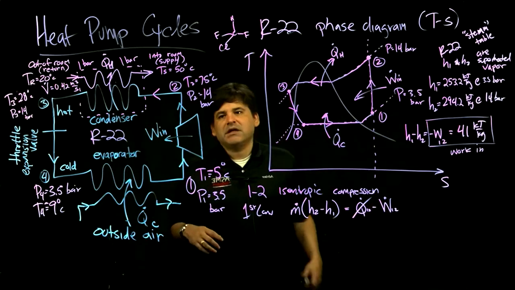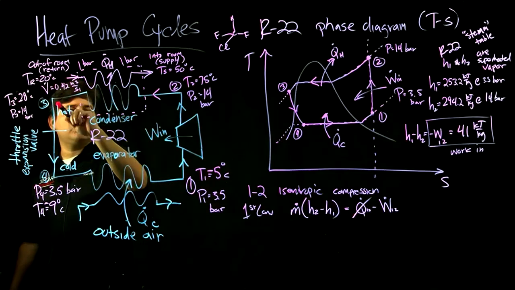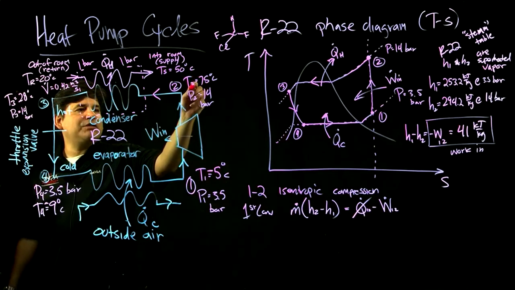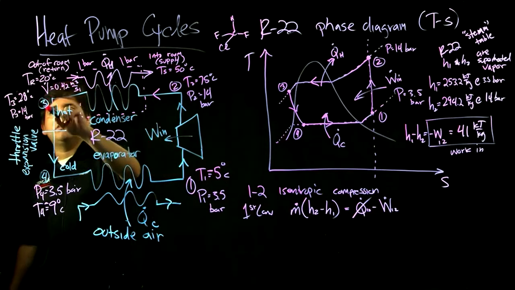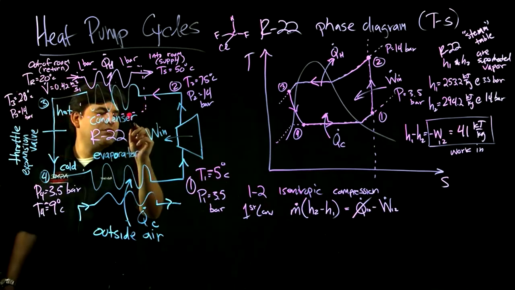So next, after the compression stage, you go from state 2 to state 3, which is high temperature vapor to lower temperature compressed liquid at a steady flow.